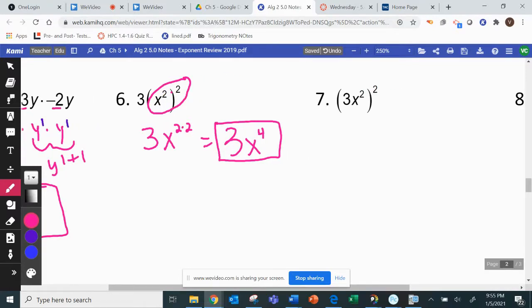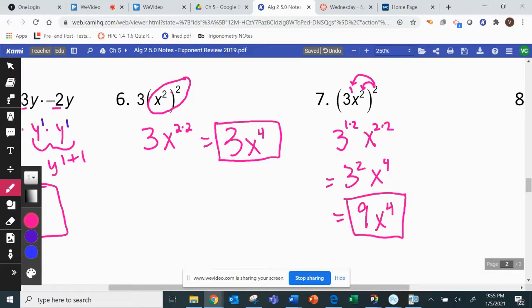Number 7, the 3 and the x squared are inside the parentheses. So for this one, 3 is to the first power, and I'm going to multiply the exponent on the outside by the exponents on the inside. So we'll get 3 to the 1 times 2, x to the 2 times 2, which is 3 squared, x to the 4th, which is 9, x to the 4th.